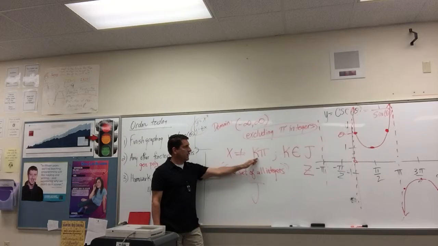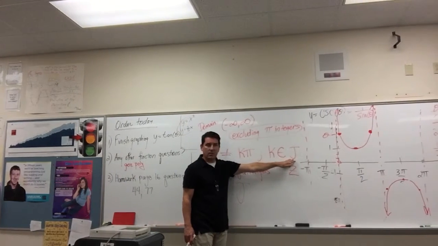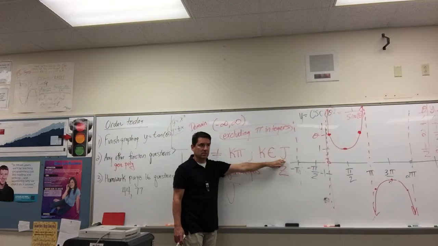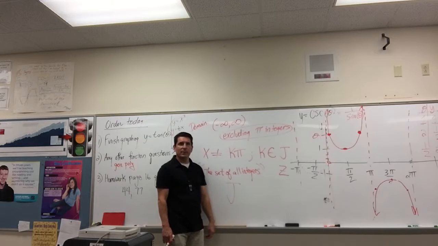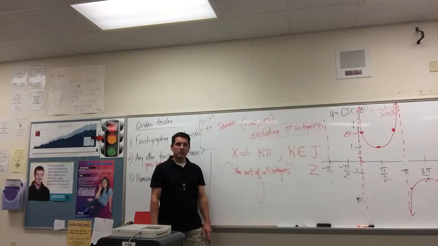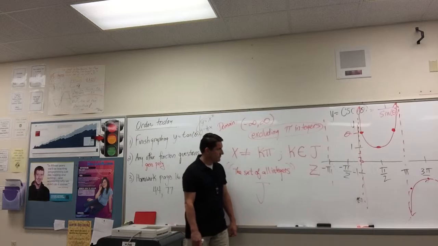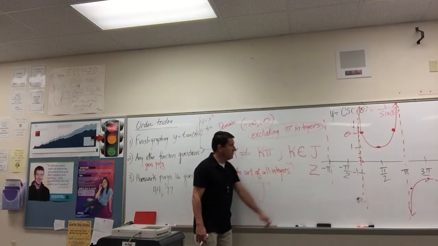X cannot equal k times pi, where k is an element of the set of all integers. I don't know the origin of that letter for integers; I'd have to look that one up. Or you could use Z, as we say there.